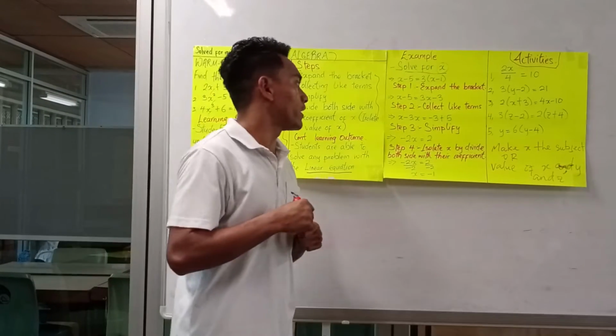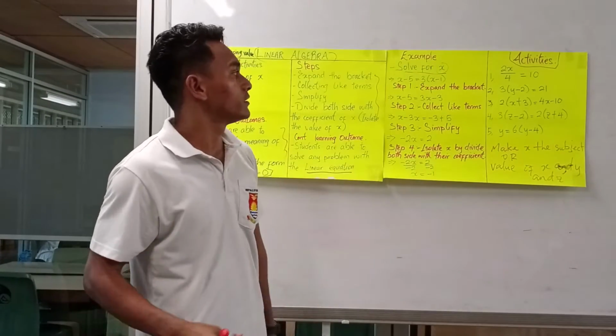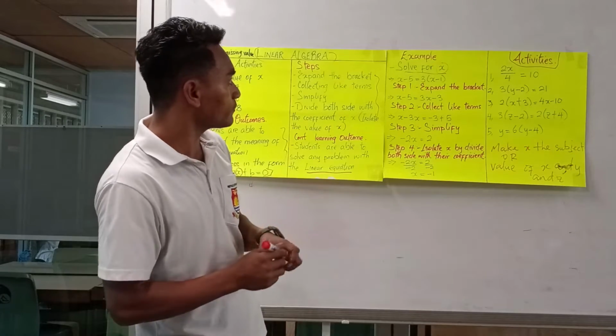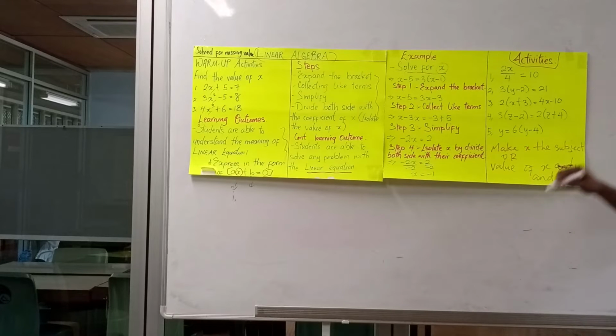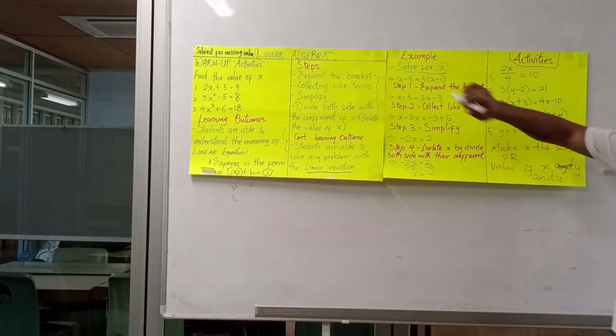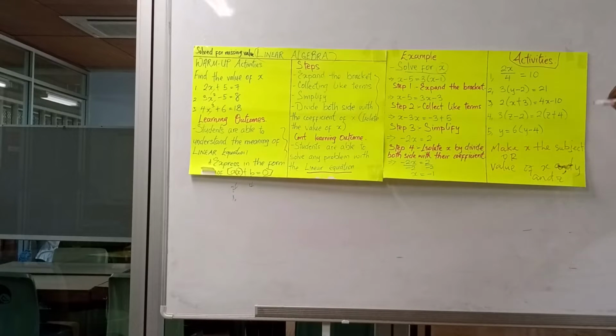Okay, let's do our example here. Our example is: solve for x. Our equation is 3 brackets x minus 1 is equal to x minus 5.